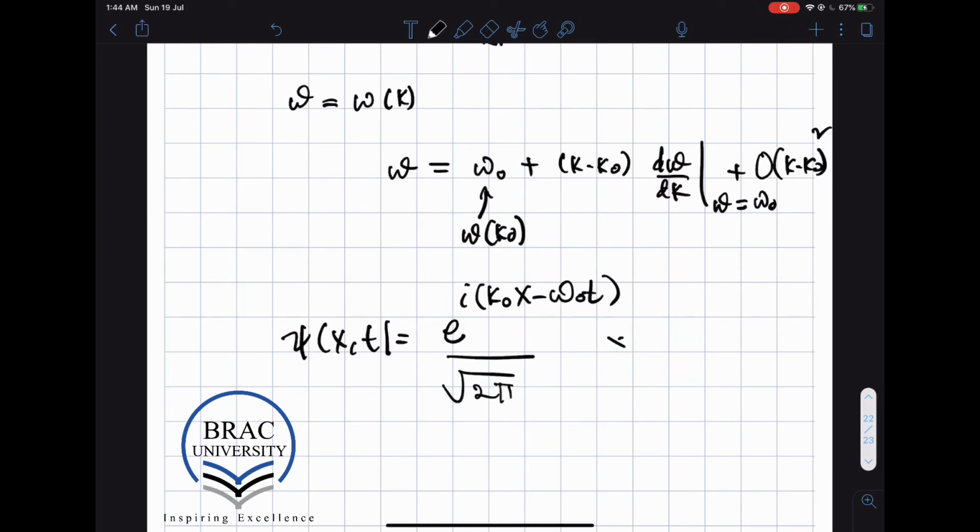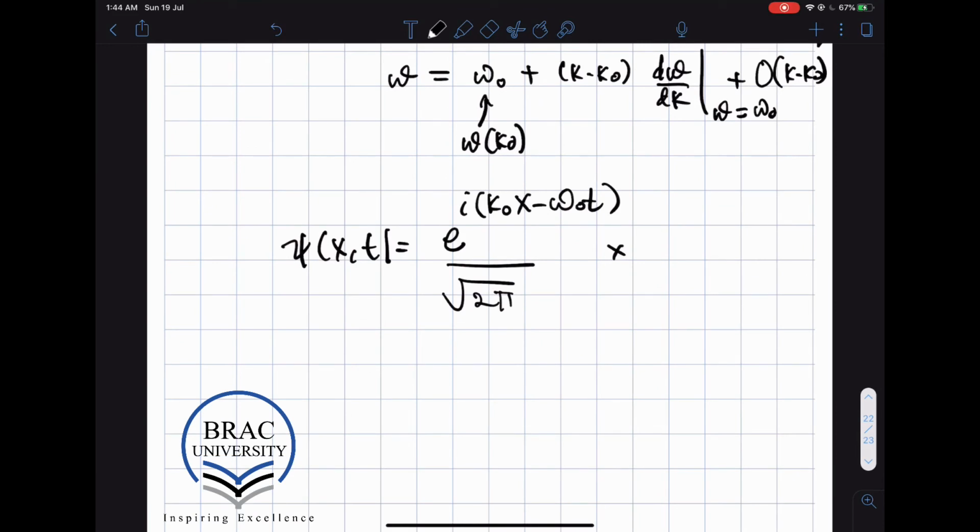And then we're going to have an integral over delta k dk of e to the power i(k minus k naught) times (x minus d omega by dk times t). So let's discuss this formula.